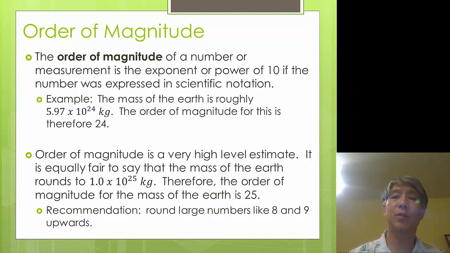Okay, so a lot of times we simply talk about the order of magnitude as a means of estimating numbers. Okay, it's a very high level estimate, and sometimes it might make sense to round the number up to get you to that order of magnitude. Kind of have to use your best judgment here.